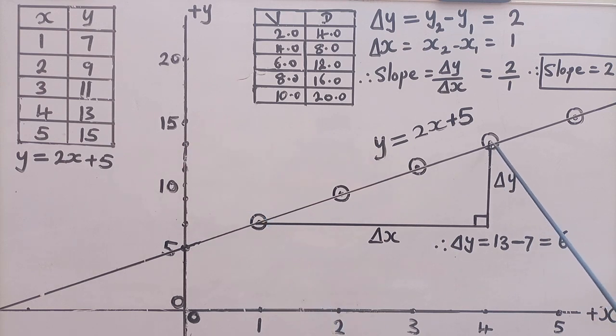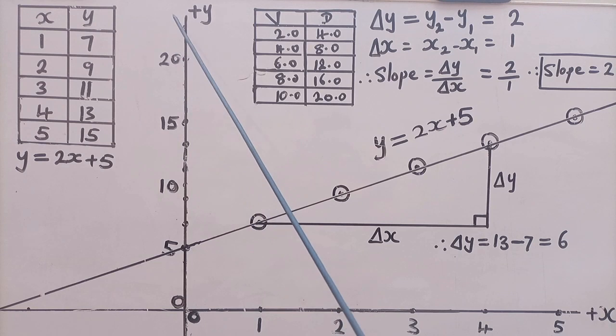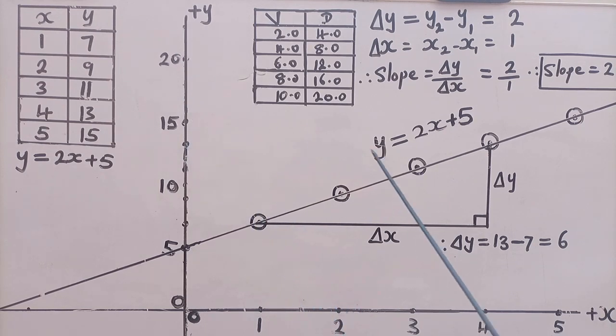So this place, in terms of the y-axis, is 13. That's why we said that y2 is 13. While this point corresponds to y1, y1, that is the lower part of y, is 7. That's why we said that y1 is equal to 7. Therefore, change in y is equal to 13 minus 7, and that is equal to 6.